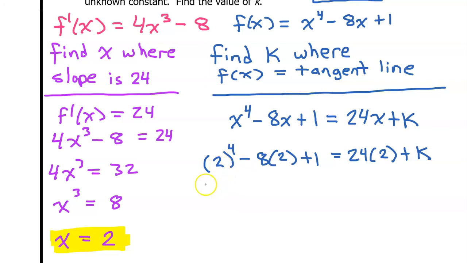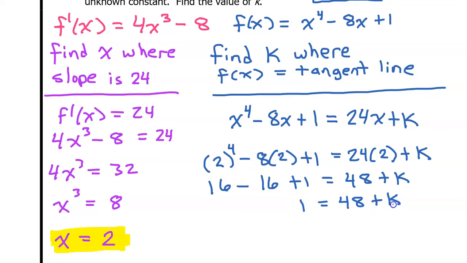So 2 to the fourth power is 16, minus 8 times 2, which is 16, plus 1, equals 24 times 2, which is 48, plus k. 16 minus 16 is 0, so we have 1 equals 48 plus k.